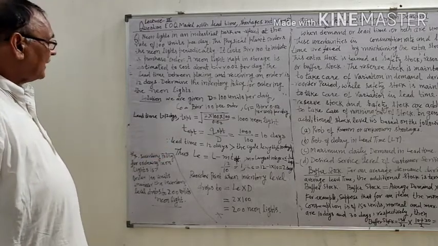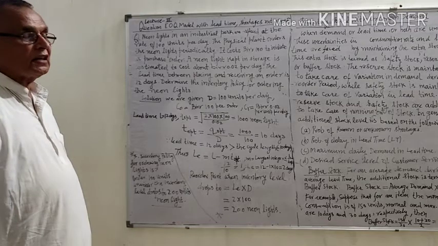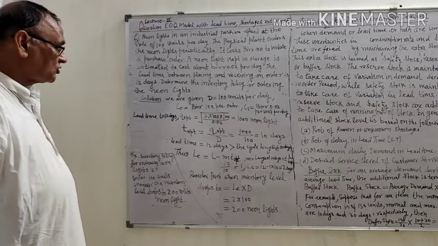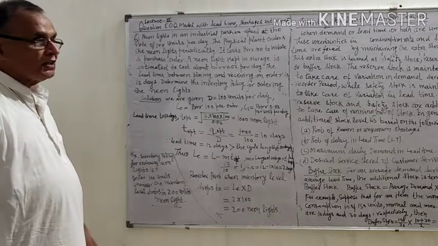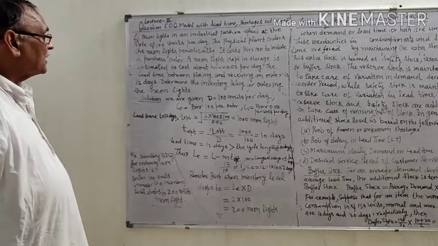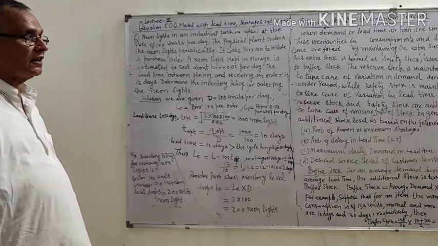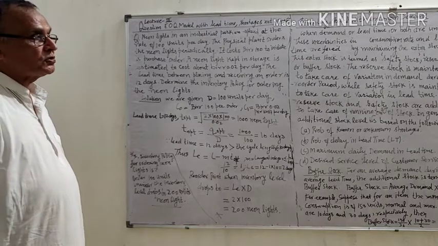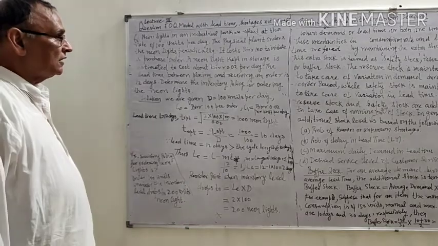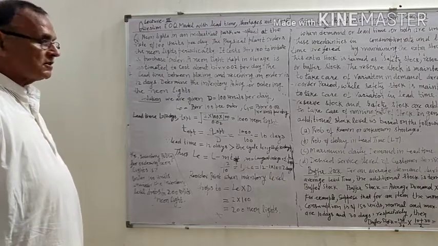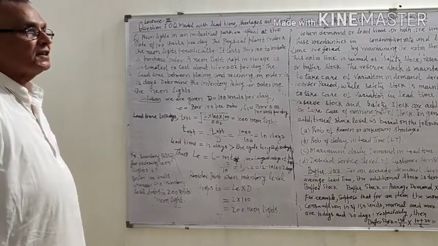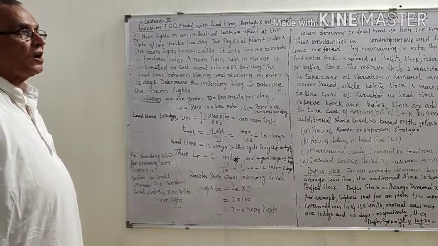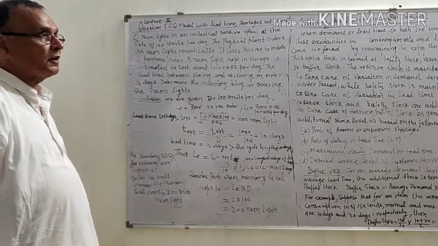Then the inventory level is equal to LE into D. If the lead time does not exceed the cycle time, then it is simply L into D. Whenever the inventory level reaches L into D or LE into D, we have to place an order.